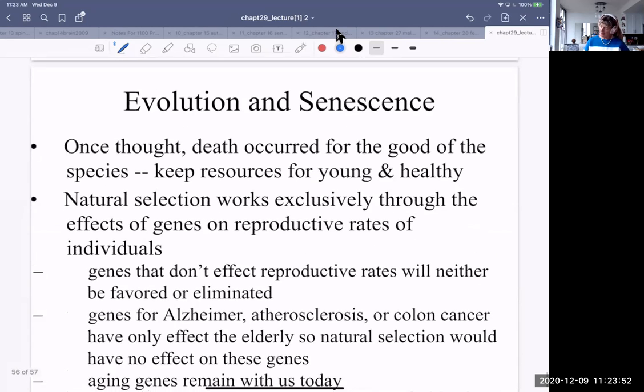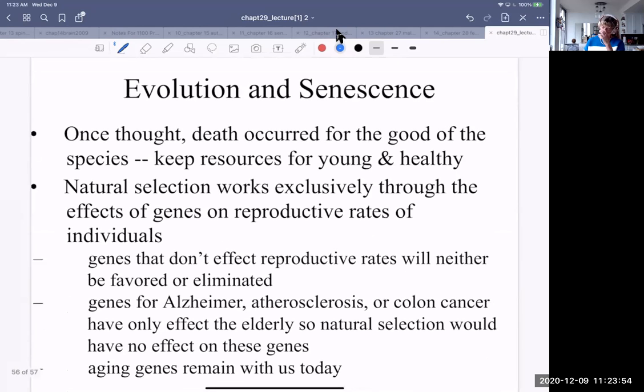So why does senescence occur? Well, it was once thought that death occurred for the good of the species, to keep resources for the young and healthy. But of course, evolution doesn't occur as a result of any species-level purpose. Rather, natural selection works on the individual.